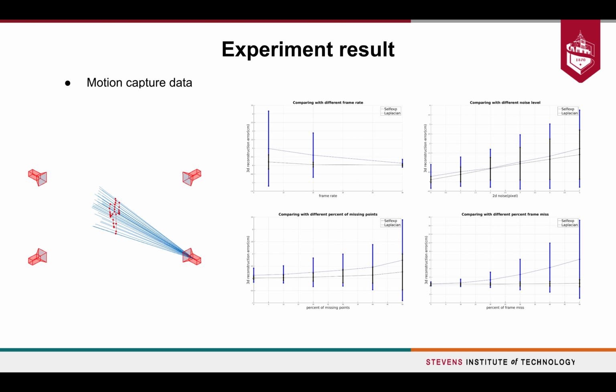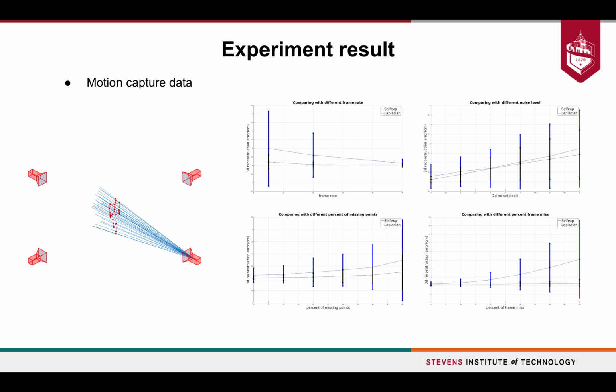We did some experiments on motion capture data. Like the experiment in the self-expressive paper, we try to do similar experiments on motion capture data. Each time only one camera can observe a frame, which means it is unsynchronized. Then we compare with the self-expressive method.